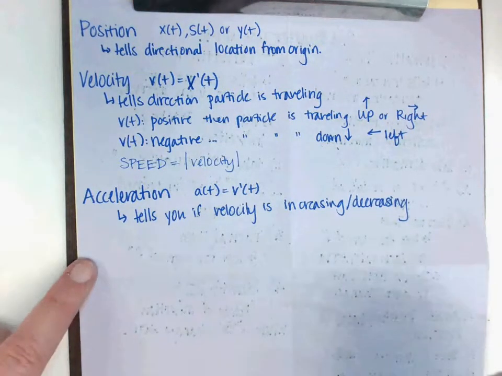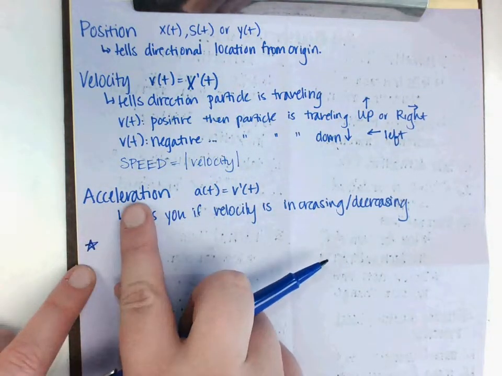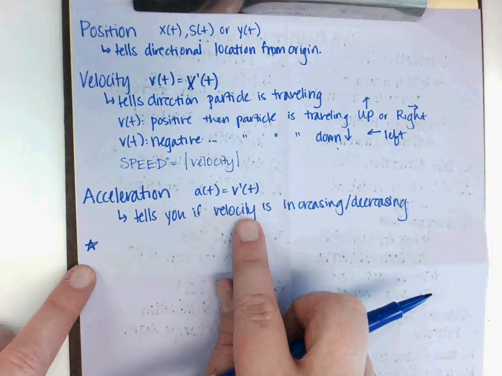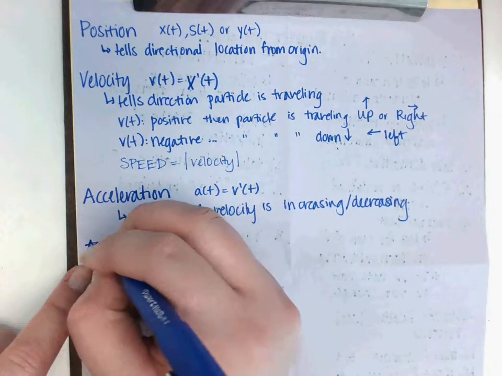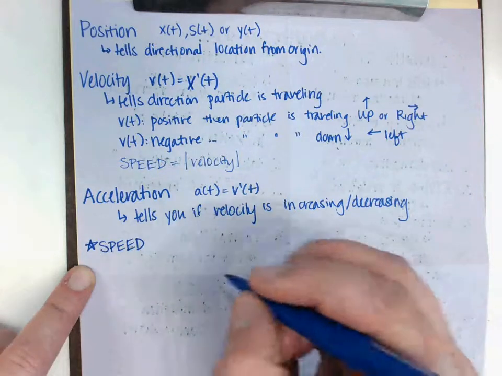Now, the last thing that I'm going to add down here is for speed. Remember that acceleration by itself tells you velocity increasing or decreasing. But speed increasing or decreasing is more complicated.